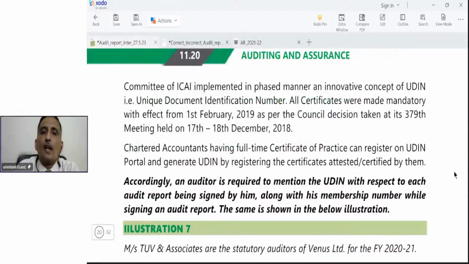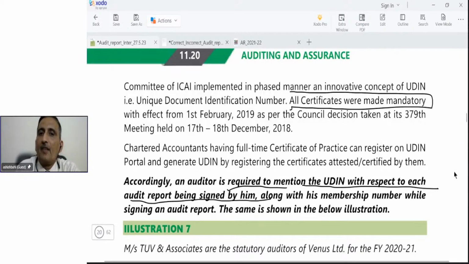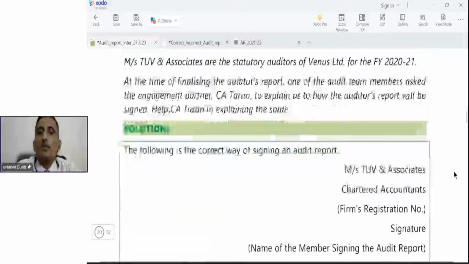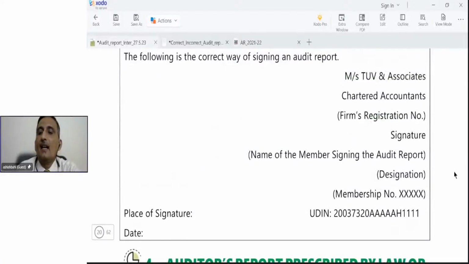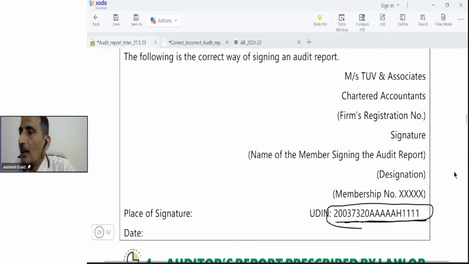Accordingly, an auditor is required to mention the UDIN with respect to each report being signed by him. It is also mandatory in case of certificates, along with his membership number while signing. Okay, so the UDIN looks like this, say, an example. It is an alphanumeric UDIN which is system generated.